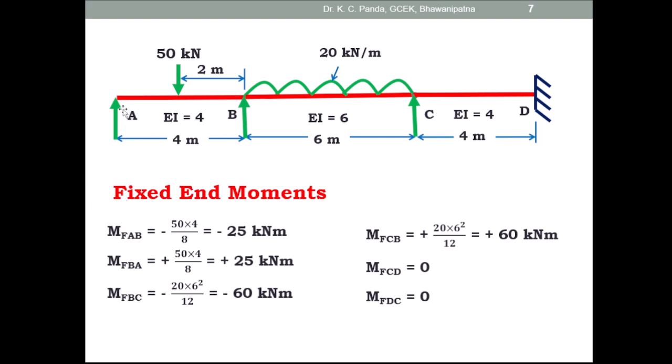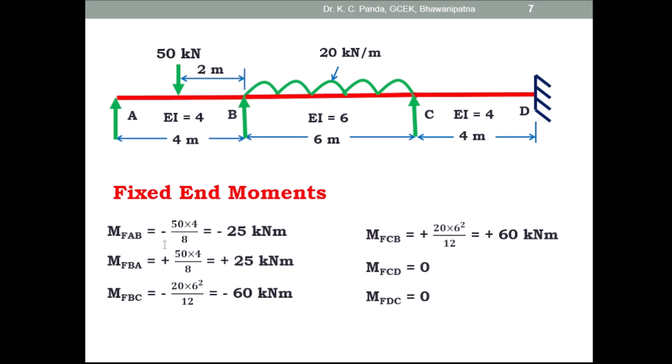So you have to assume the end of each span is fixed and you have to find out the fixed end moments. First you have to take the AB span and assume the ends A and B are fixed and find out the fixed end moments MFAB and MFBA.